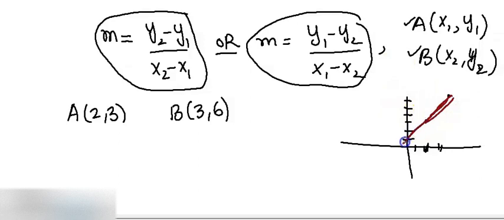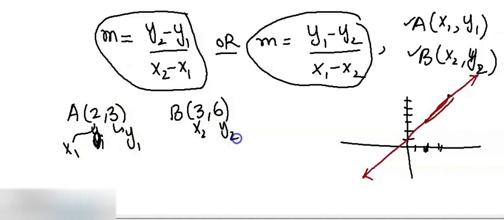I'm interested in what is the slope of this line, or what is the gradient of this line which is passing through these 2 points. So simply we will label these. This is x1, this is y1, and this is x2, and this is y2.